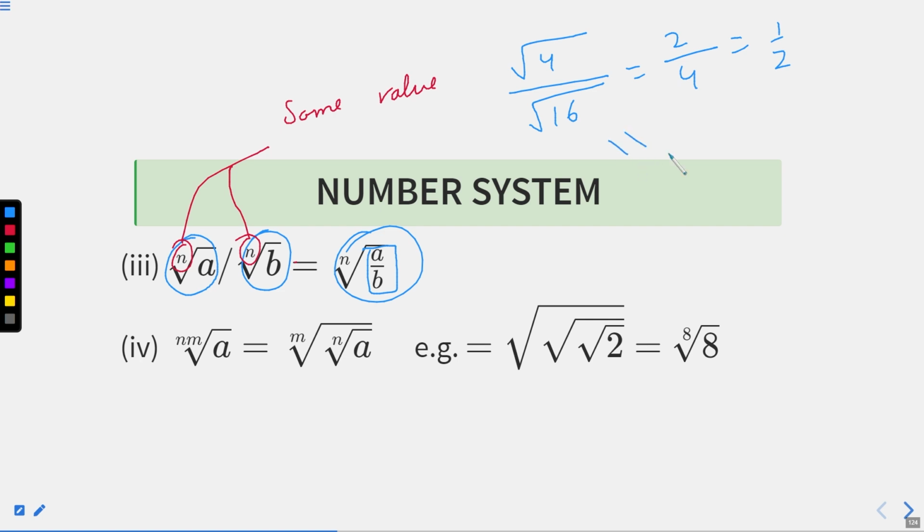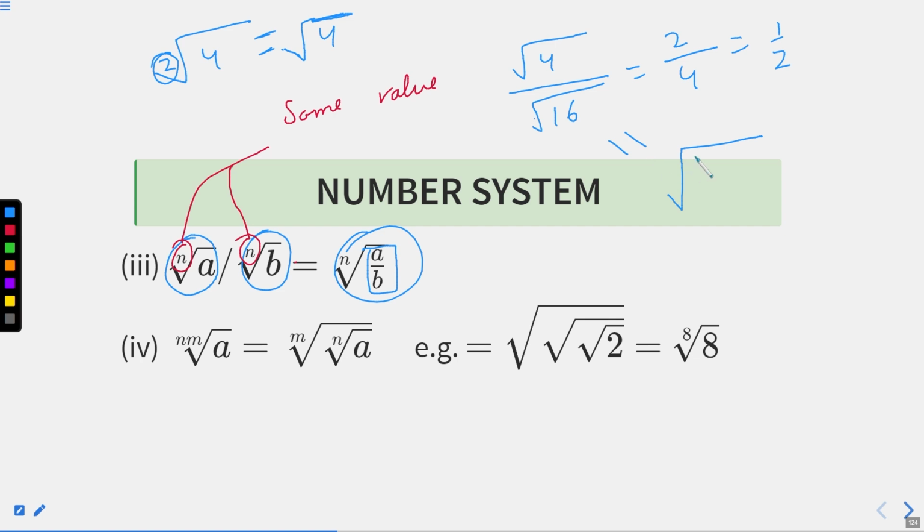Now let's do it like this. Because the order is the same here and here, why is the order the same? The root 2 of 4 is equal to root 4. In the case of this 2, we don't write it. Usually we just write the symbol only, and the meaning is by itself that 2 is implied here. So both are equal.